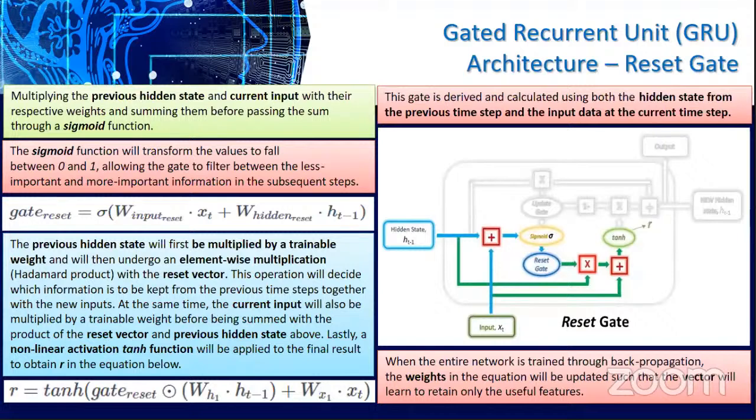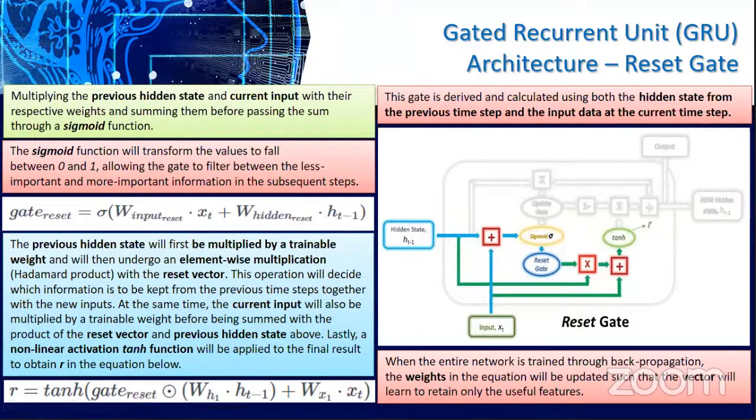So, how does your GRU work? Let's see that. This is the equation for resetting, for the gate, which says that you can apply the sigmoid function of W input reset into X plus W hidden reset into H suffix t minus 1.